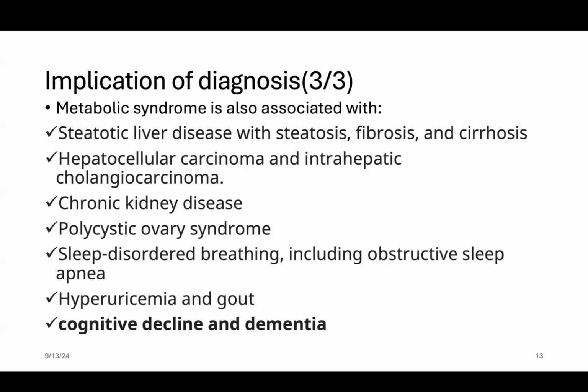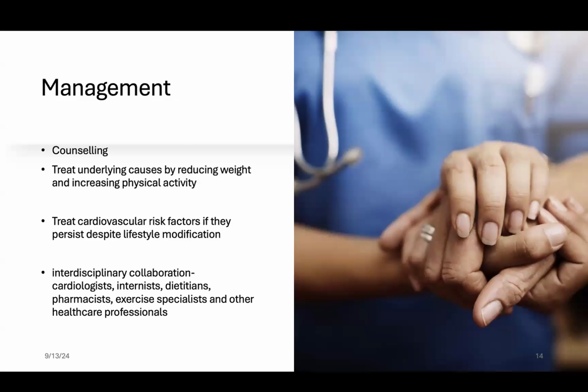Now, next slide, please. How do we help with metabolic syndrome? Like we said, hope is not lost. First of all, you need to be counseled to really understand the implications we spoke about in previous slides.